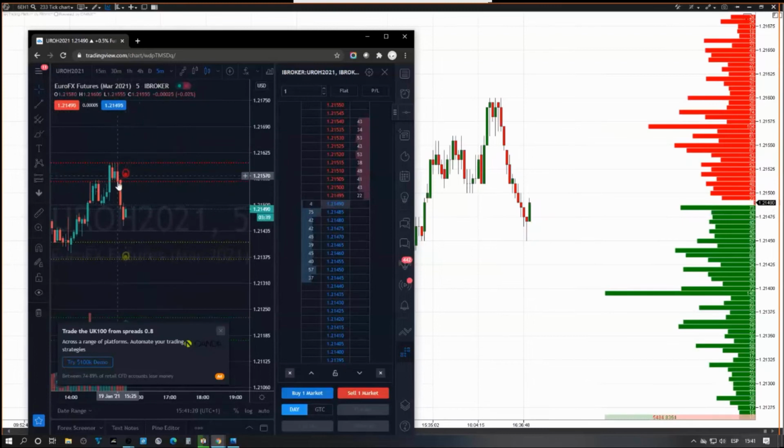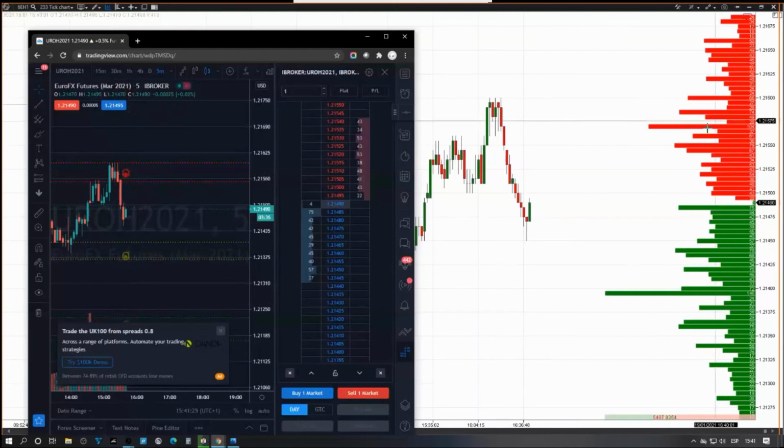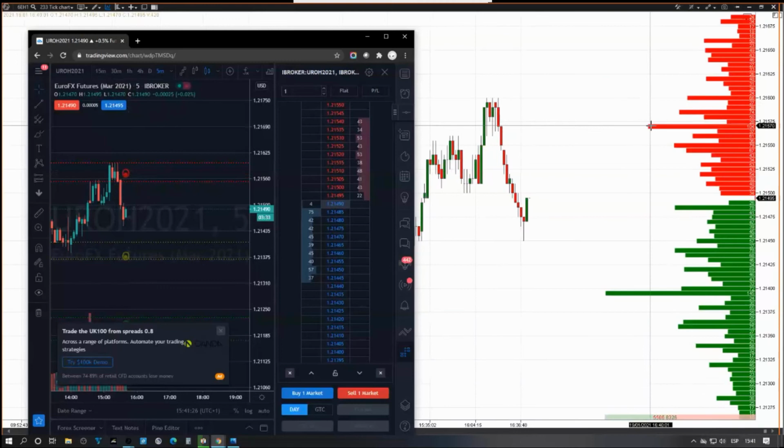So it's telling us that there are a lot of pending orders here, and that is absolutely correct, because we can see exactly how many pending orders there are, but only if you're using the order flow trading system. There's no other way to see this.